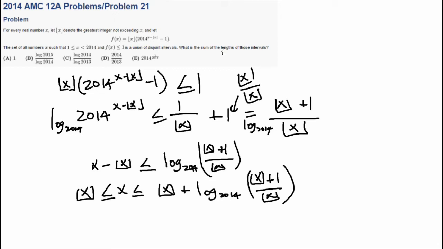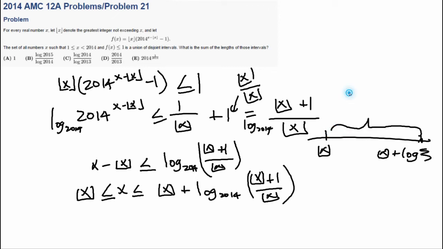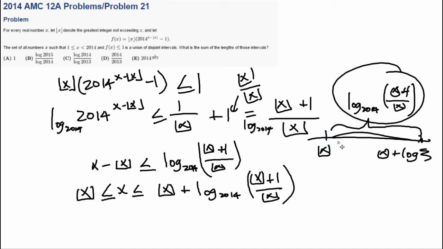What's the length of this interval? Well, if this is the line, it goes from this to this plus a log, then the length will just equal log base 2014 of floor of x plus 1 over floor of x. That's the length of the interval, right? The length of this is just this, because it starts at floor of x.